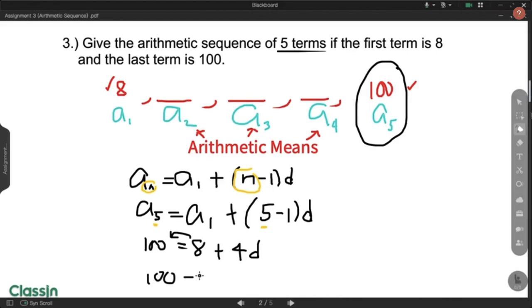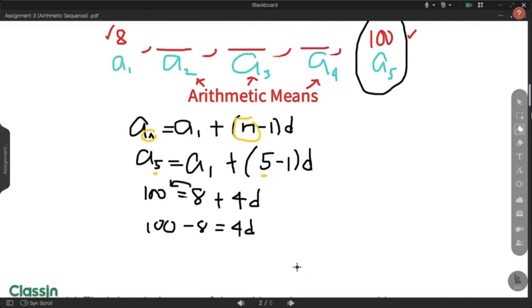100 minus 8 equals 4d. 100 minus 8 is 92 equals 4d.